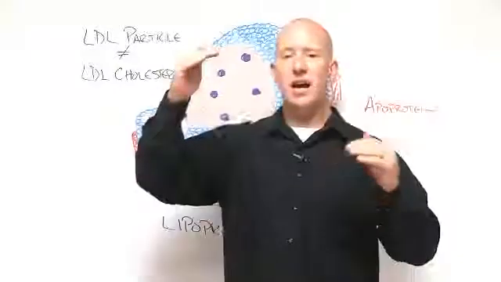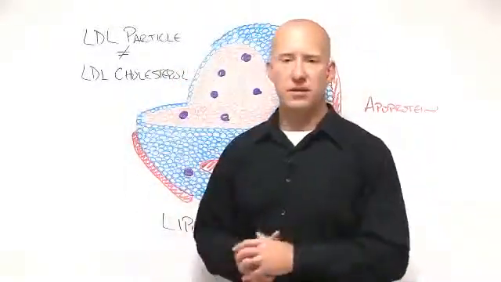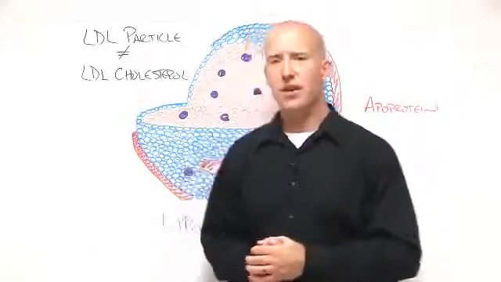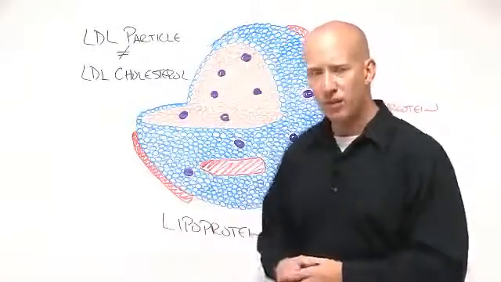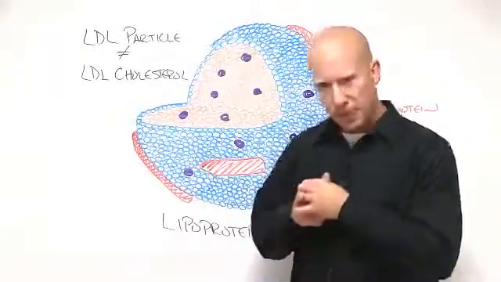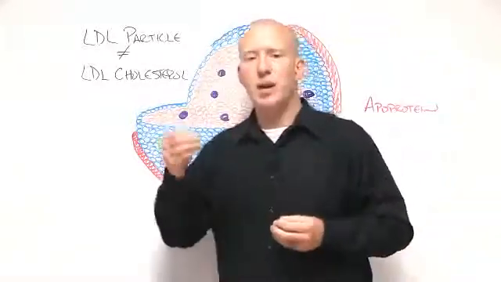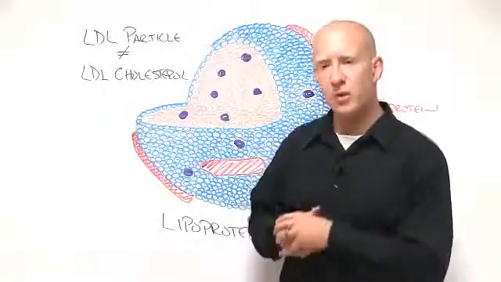Discordance means that one's high and the other's low. If that's the case, LDL cholesterol is entirely not reliable or not predictive of cardiovascular disease. So when you see LDL, it's not talking about the particle, it's talking about the cholesterol, which again is what the vast majority of blood chemistries are running today.